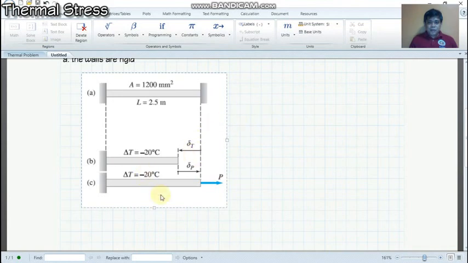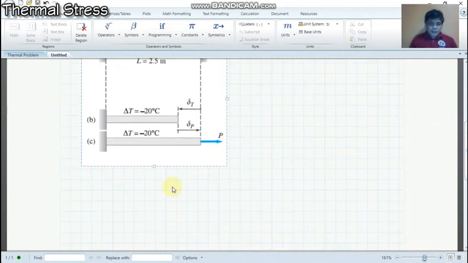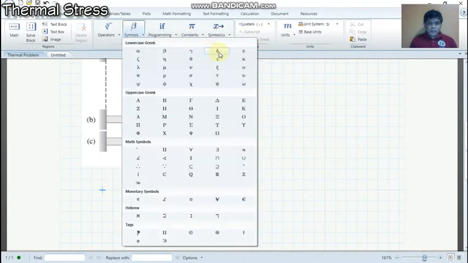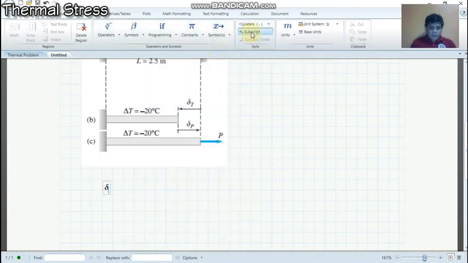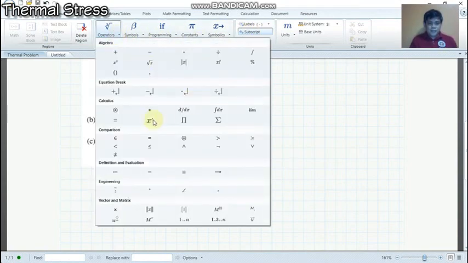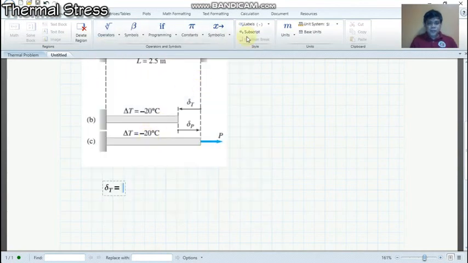Okay, so by looking now at the picture, it is obvious that the deformation due to the change in temperature, the contraction of the bar, is equivalent to the deformation in the bar caused by the force.